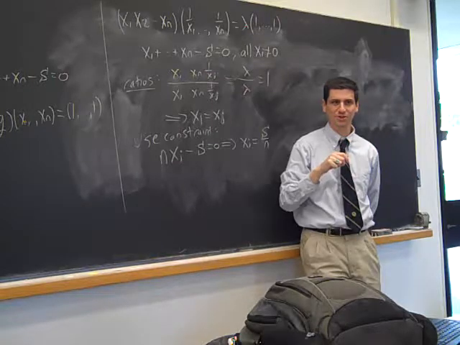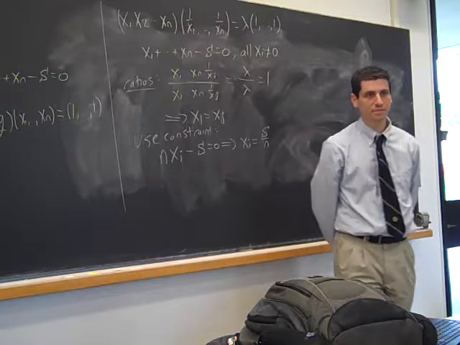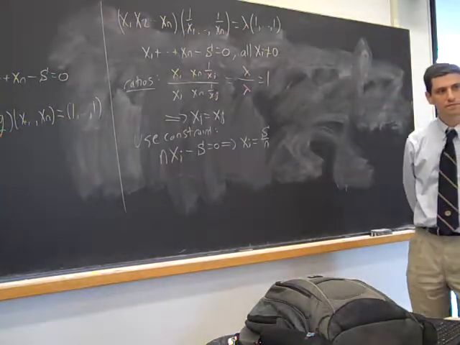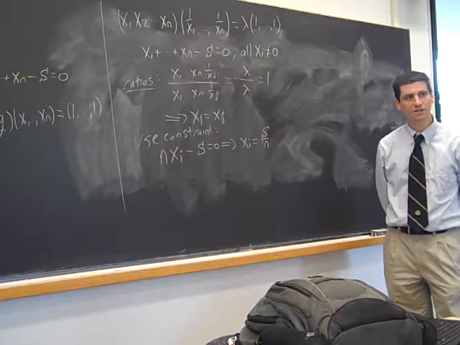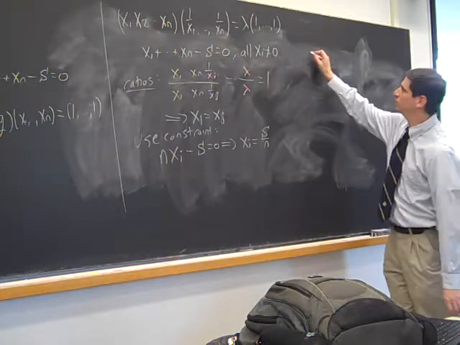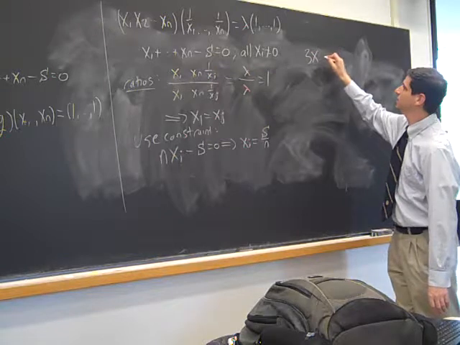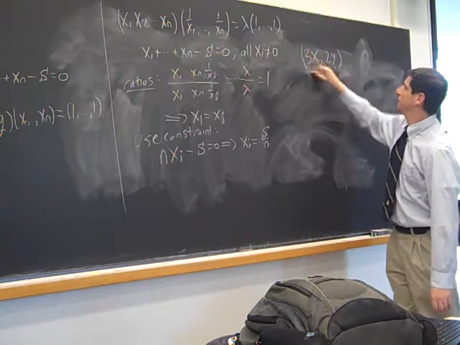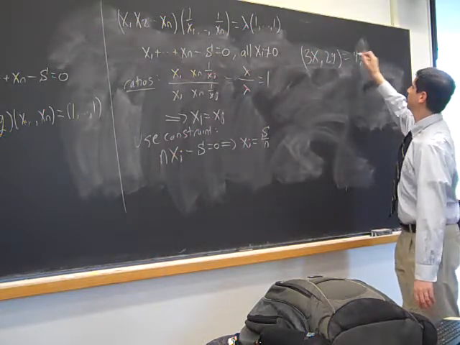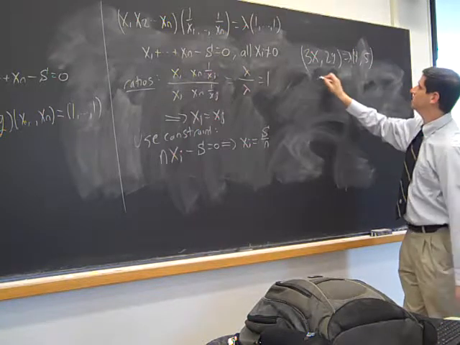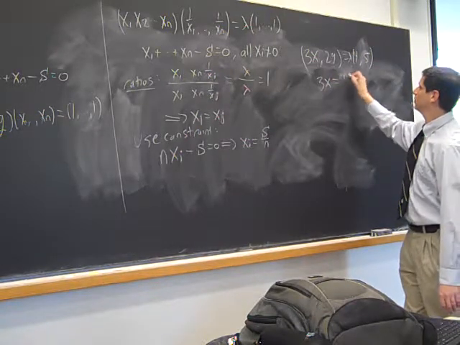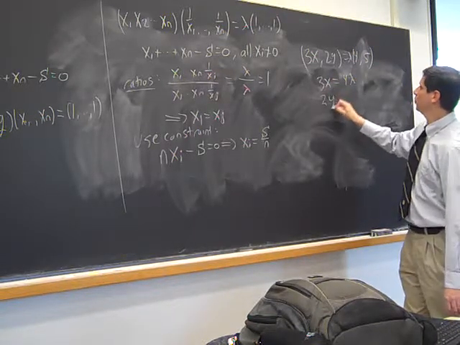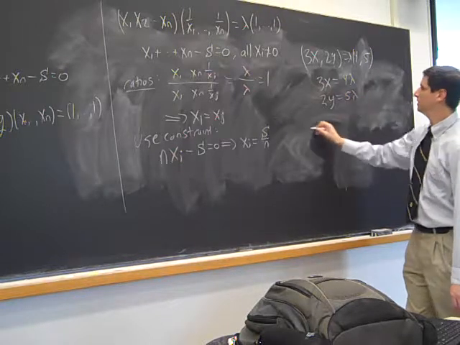You still seem a little hesitant. Let me write it out a little bit longer. Let's say I have 3x, 2y equals 4, 5 with a lambda. Then that means 3x equals 4 lambda, 2y equals 5 lambda.